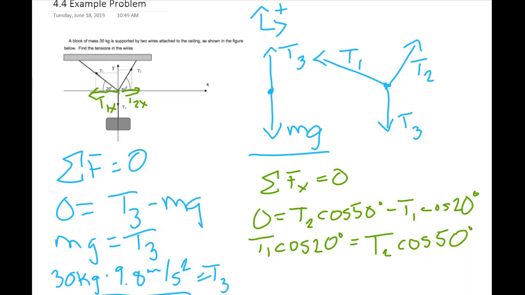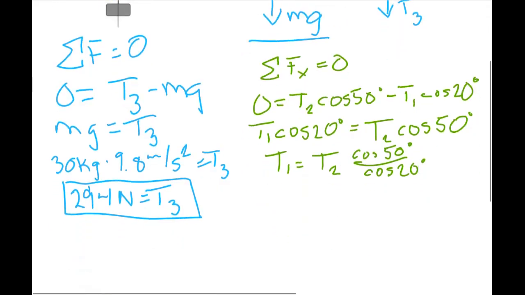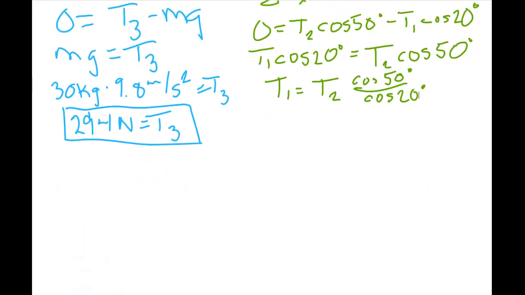And then I'm going to solve for T1 in terms of T2: T2 times cosine of 50 degrees over cosine of 20 degrees. Now what I'm working towards is getting everything in terms of one tension ultimately. Because if I can solve for T2, I can go back and solve for T1. So now let's keep going.